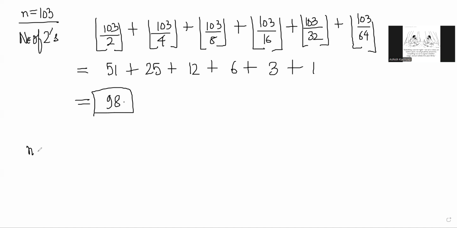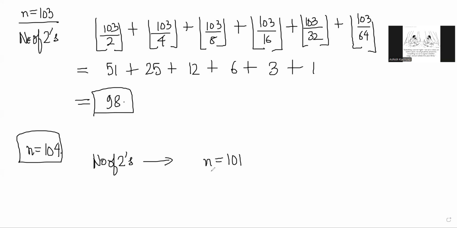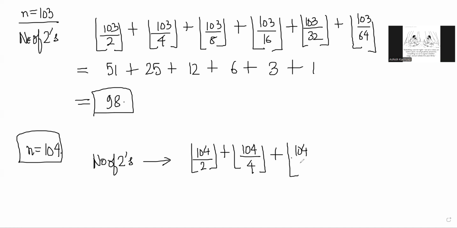But when you try n equal to 104, you will see that the number of 2s becomes 101. Why? Because you will get 104 by 2 plus 104 by 4 and so on.